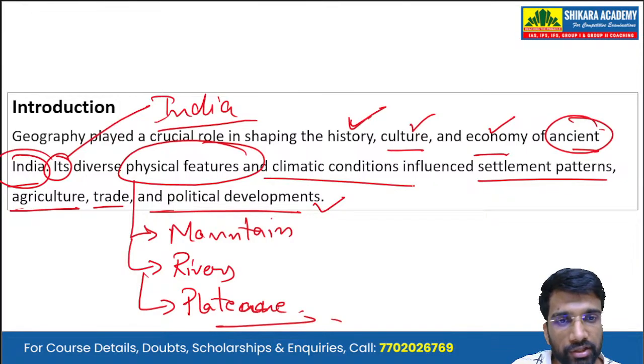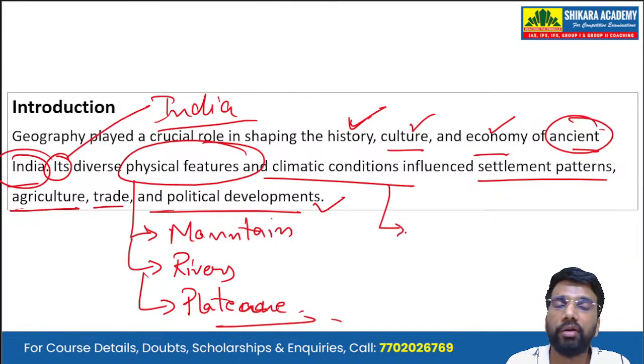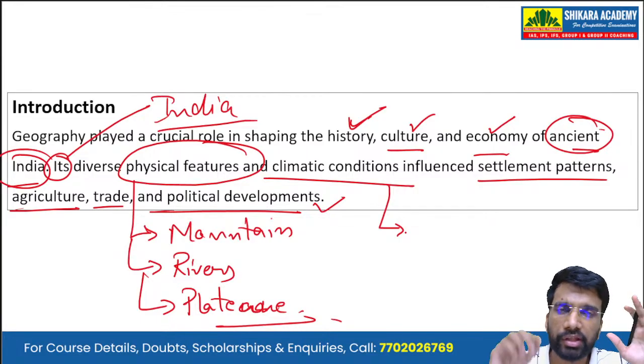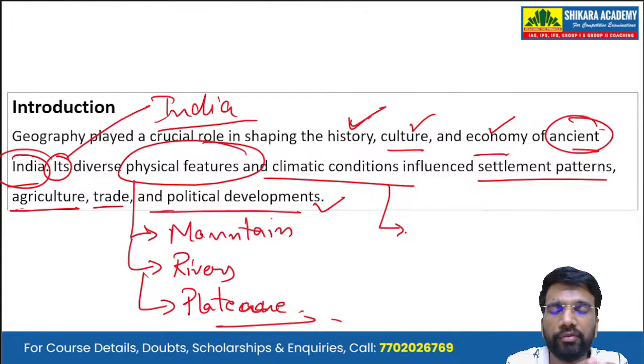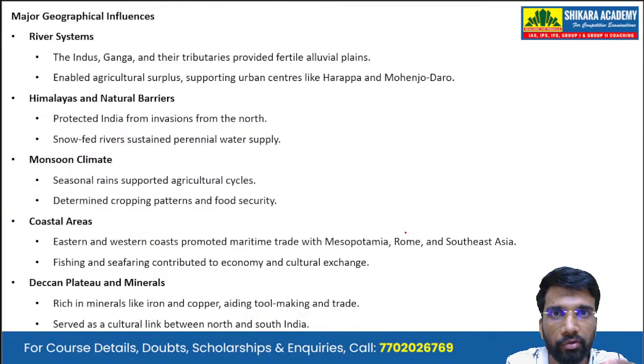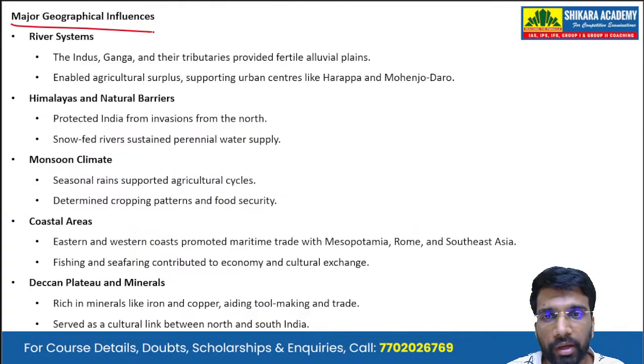Then the climate conditions are also influenced by these geographical features. So these features as well as climatic conditions together influenced the settlement patterns across the subcontinent, the agriculture, the trade, as well as the political developments, and how that will be seen in the body.